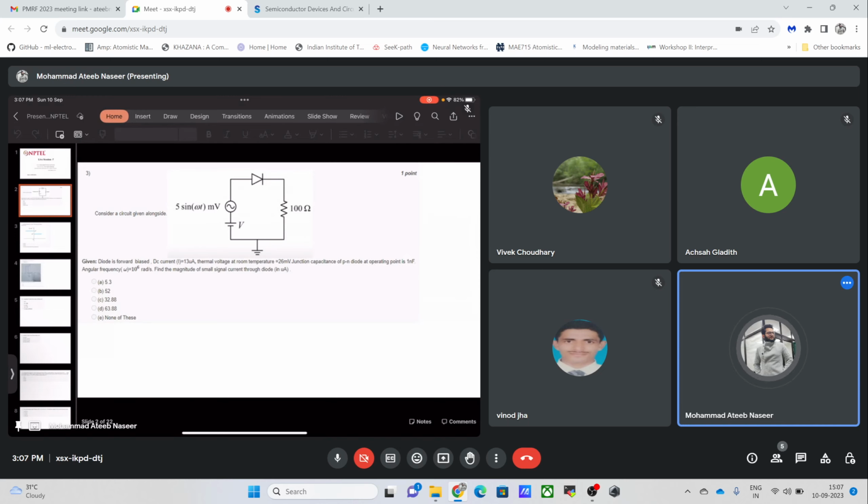Also, from the electric displacement relation, we would say that the electric field at the junction on the left side would be equal to the electric field on the right side. If we consider the junction boundary to be at x equal to 0, then the electric field on the P side at x equal to 0 minus will be equal to the electric field at x equal to 0 plus.